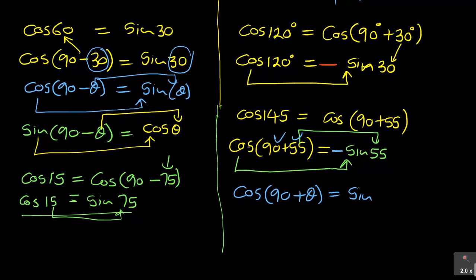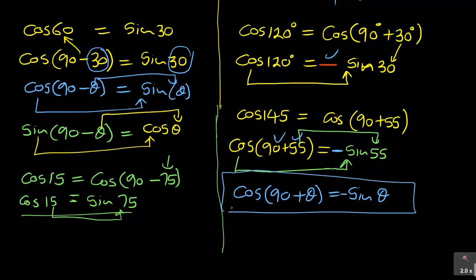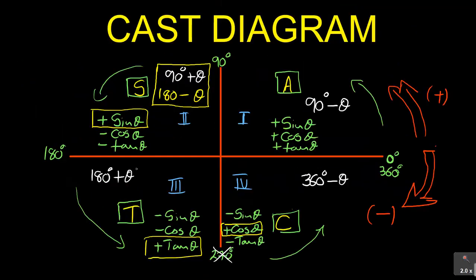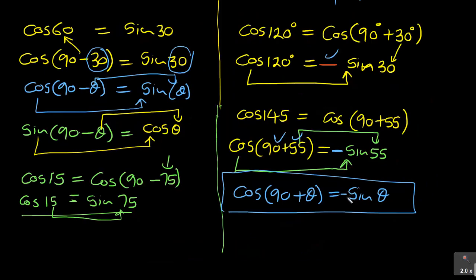Remember, in the second quadrant, there is a negative sign there, so it's equal to negative sine theta. This is very important. Don't forget the sign. The sign of cos in the second quadrant is negative. So you use the sign of cos, so it is equal to negative sine theta.